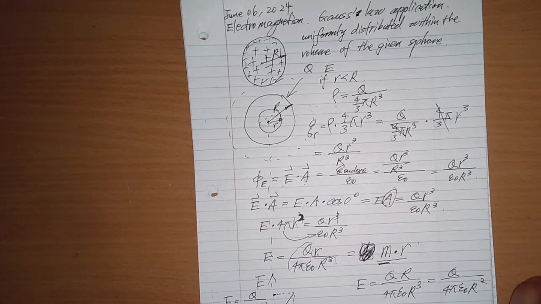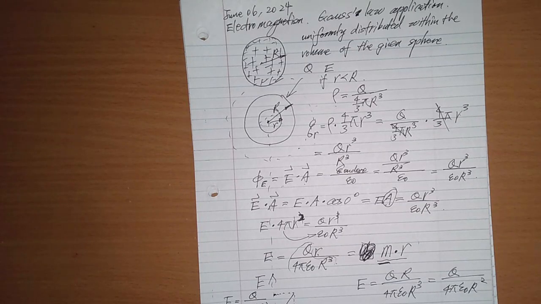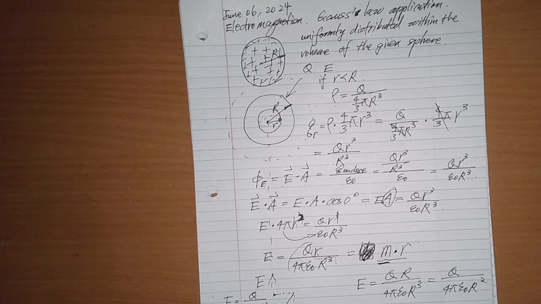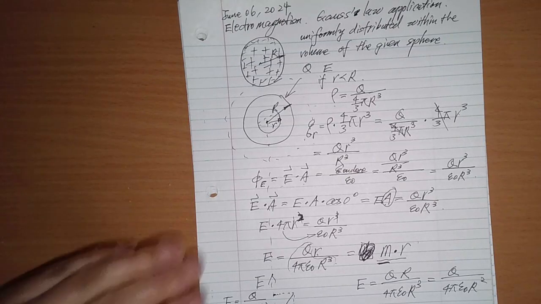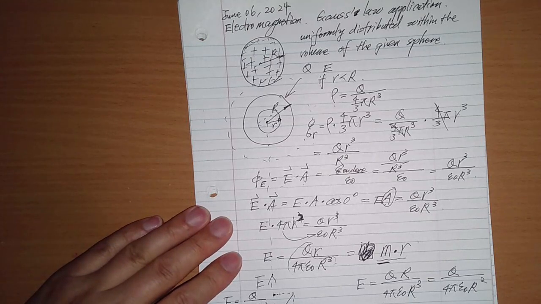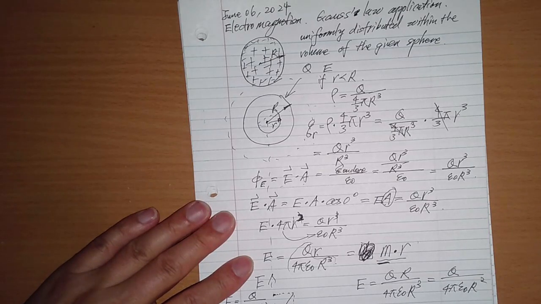Then, again, based on Gauss's law, the electric flux equals E dot A equals Q enclosed divided by epsilon 0. So the Q enclosed actually is equal to what?